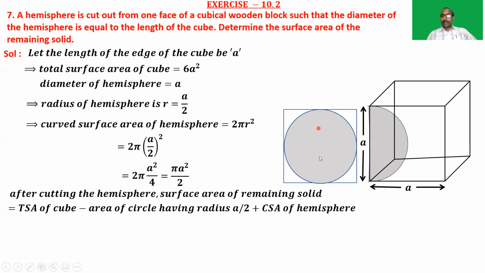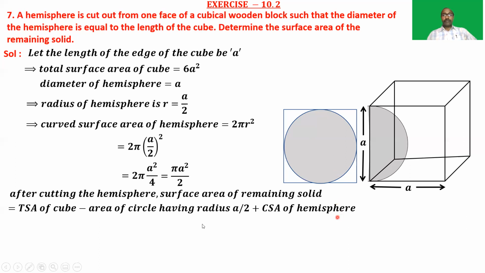So the radius is a by 2, and we can see the curved surface of the hemisphere, so we have to add the curved surface area of the hemisphere. So total surface area of cube minus the area of this circle whose radius is a by 2 plus the curved surface area of the hemisphere, which we are able to see.